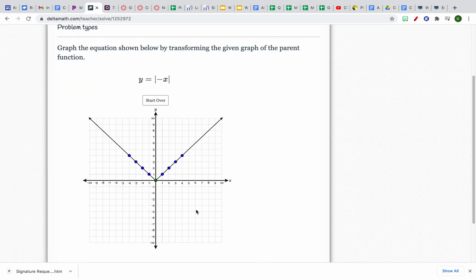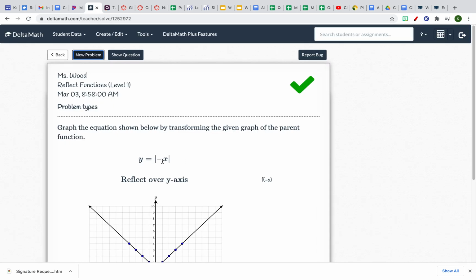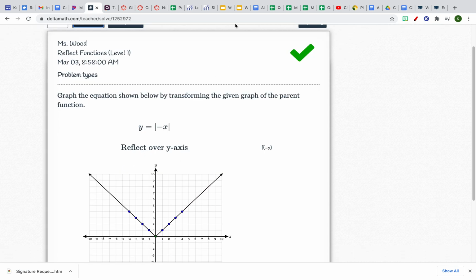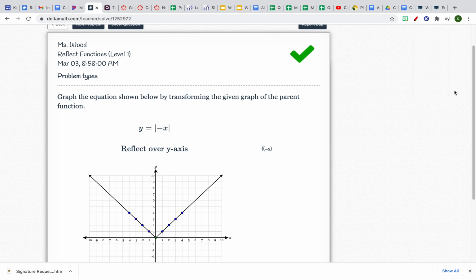Oh, wait, it's the exact same. If it were outside of the absolute value, so if the formula had been y equals the negative absolute value of x, that's when I would have reflected it over the x. Okay?